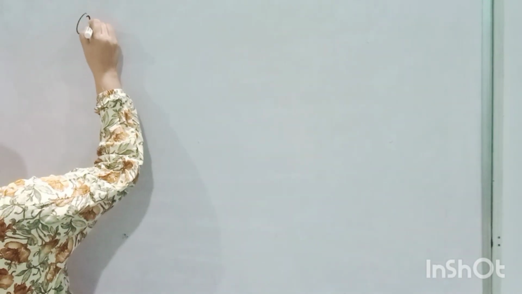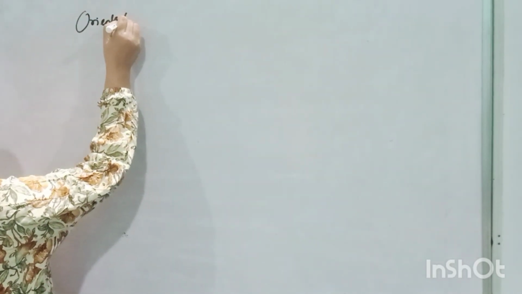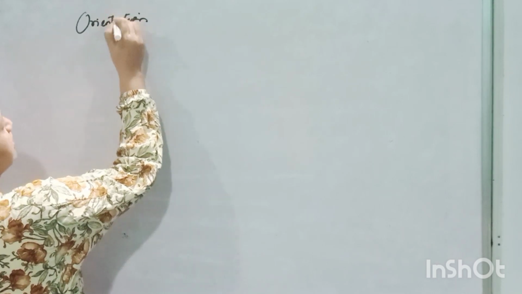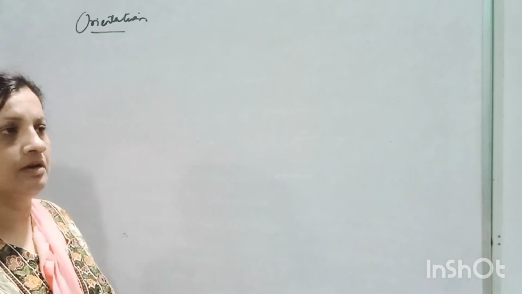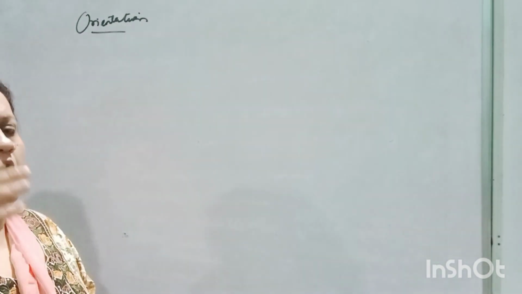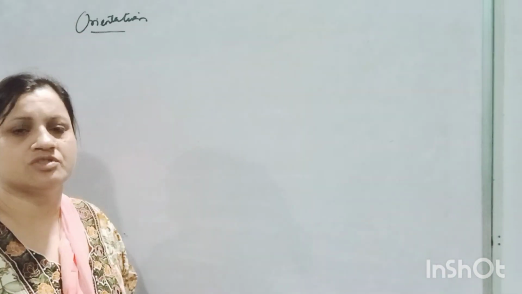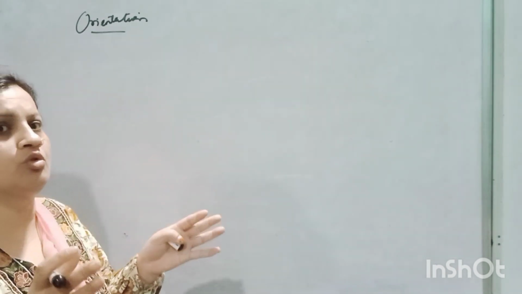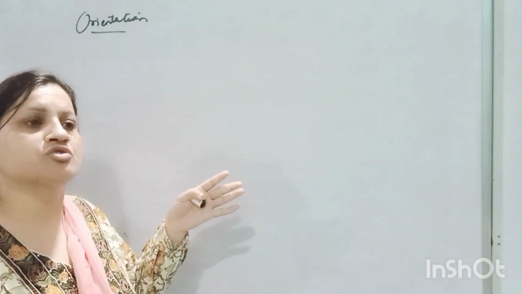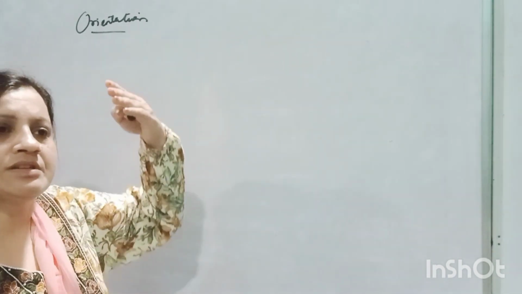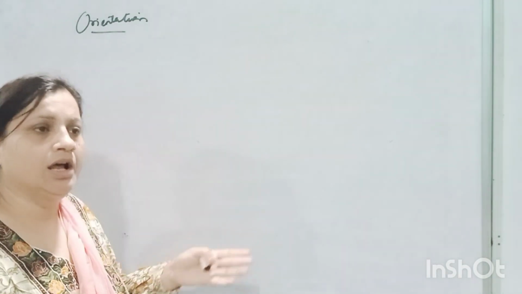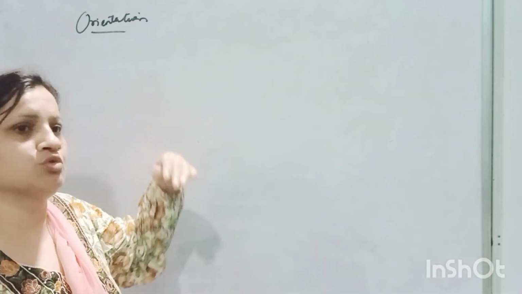Now come to the orientation of chloroplast. It mainly depends upon the light falling. How the light falls on the surface of the leaf determines the arrangement of chloroplasts. Sometimes it is parallel to the cell wall, or sometimes perpendicular to the cell wall.